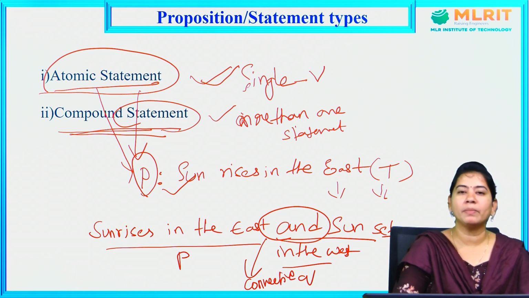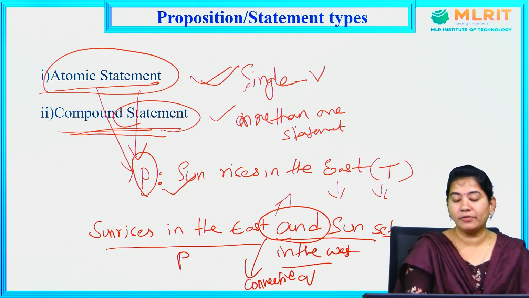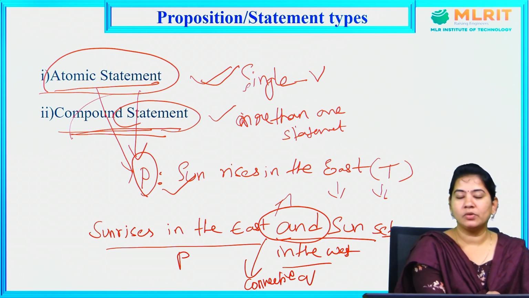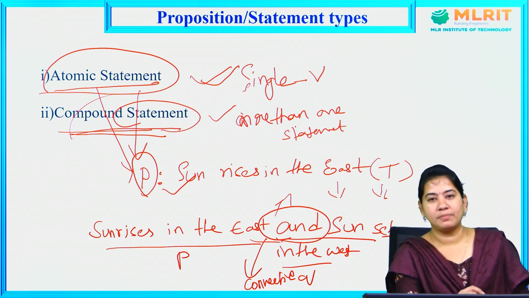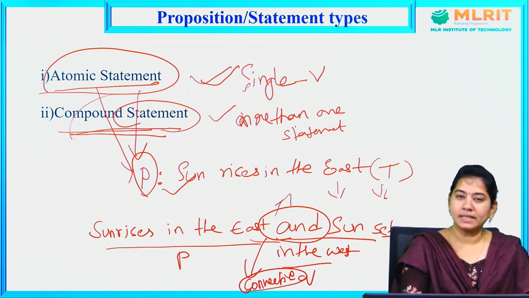We can also combine more than two statements, but we need a connective, and here we are using AND. That is called a compound statement: combining two or more statements using some symbol or word. Here we got one new word, which is called a connective.